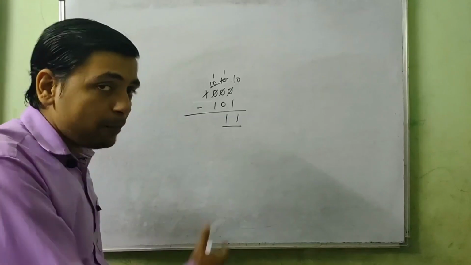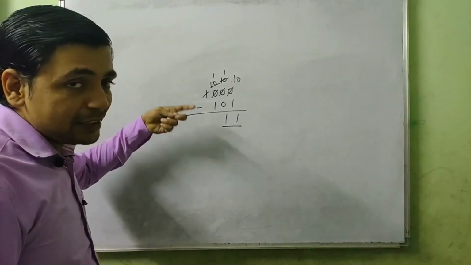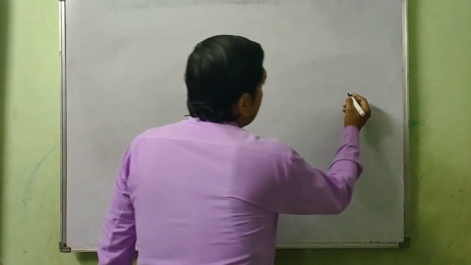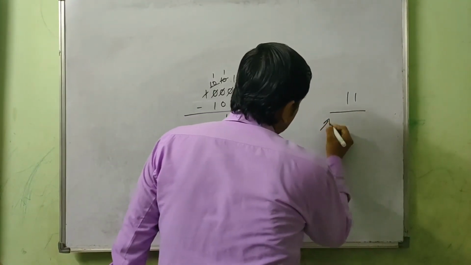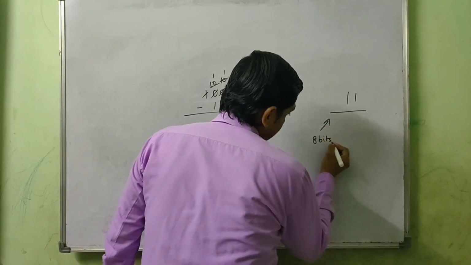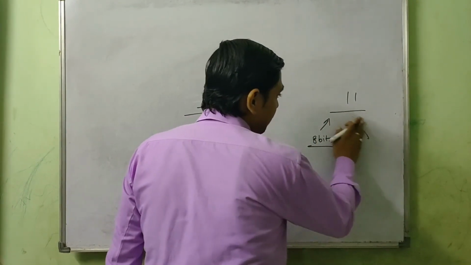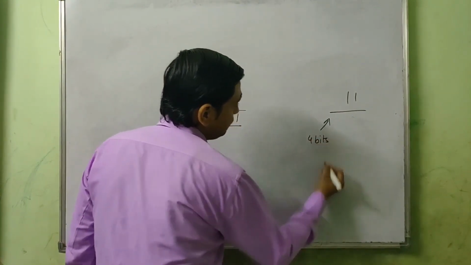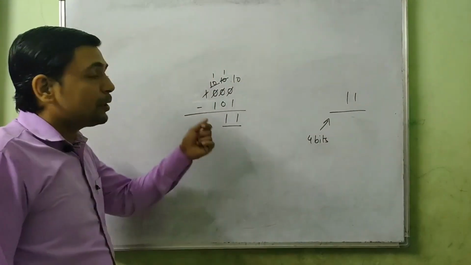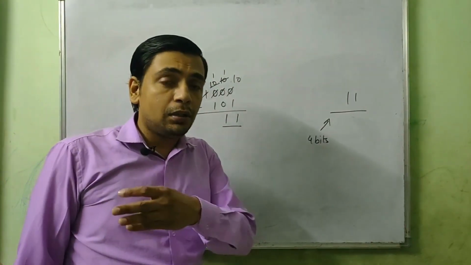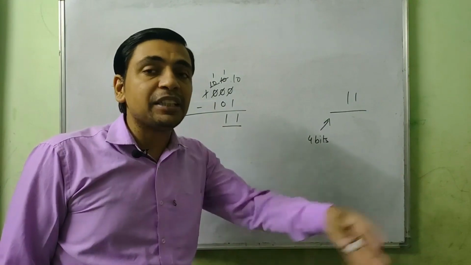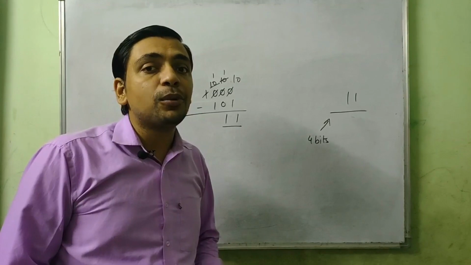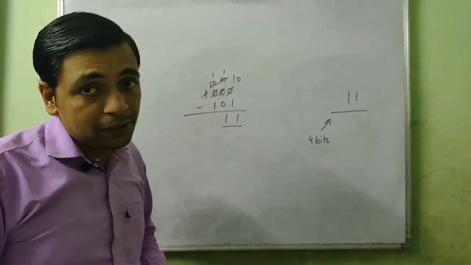So you first of all perform the subtraction, subtracting the smaller one from the bigger one. Once you get the result, the thing is whether you have to represent it in 8 bits or 4 bits. It totally depends on that. So let's suppose first of all I am representing it in 4 bits. Because I know that the operation that I am going to perform is going to give a negative number.